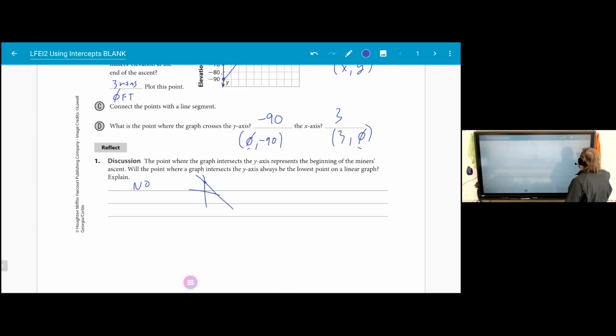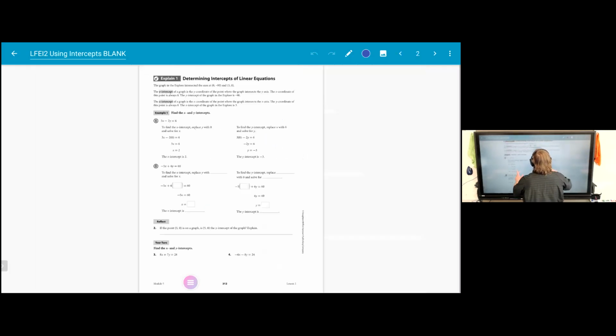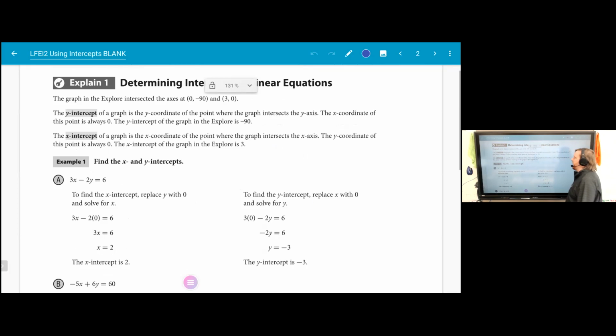All right, let's continue on. Let's get into the meat of things. Determining intercepts of linear equations. The graph in the Explore intersected the axes at (0, negative 90) and (3, 0). This is really, really important. That's why it's in bold.